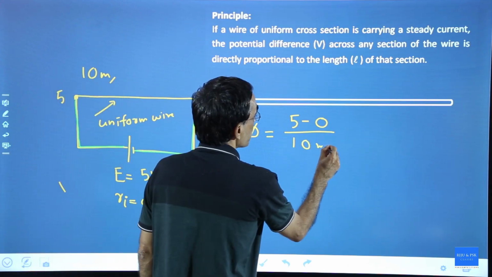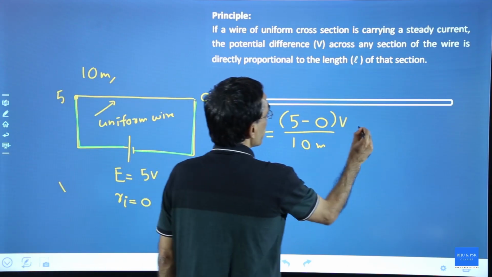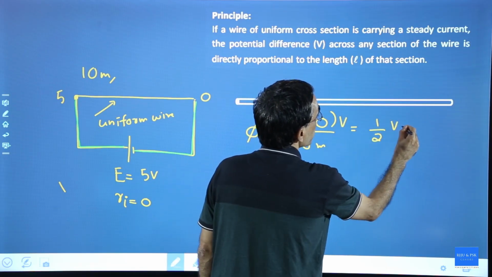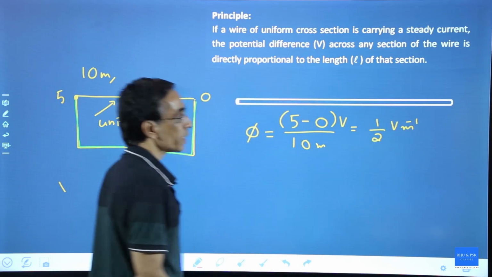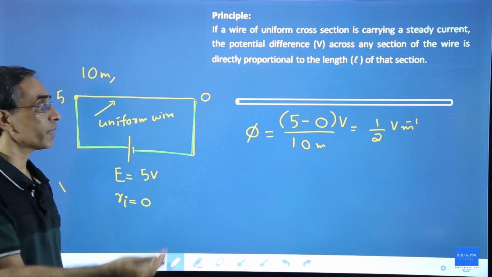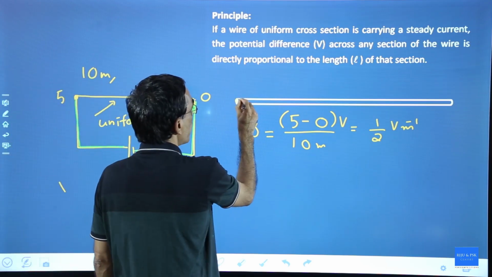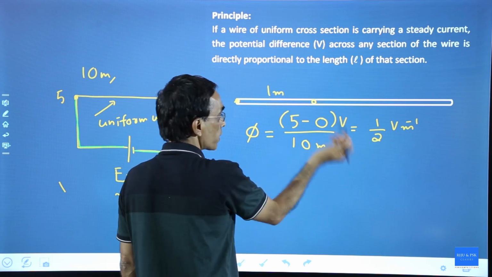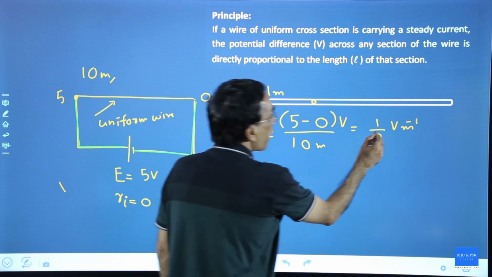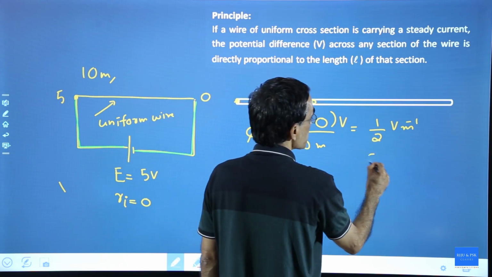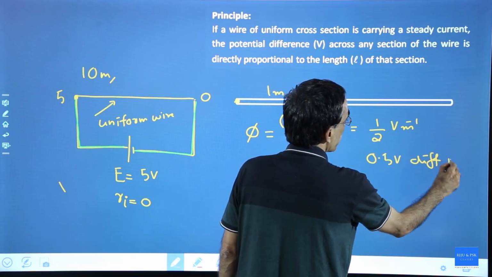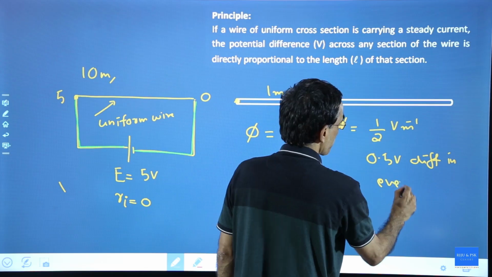It is 10 meter. So, this gives you 5 by 10, which is 1 by 2 volt per meter. What does that mean? If you take one point here and another point here at a separation of 1 meter, half volt per meter means 0.5 volt of difference in every meter.